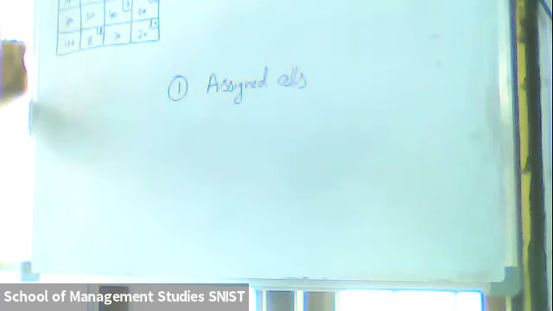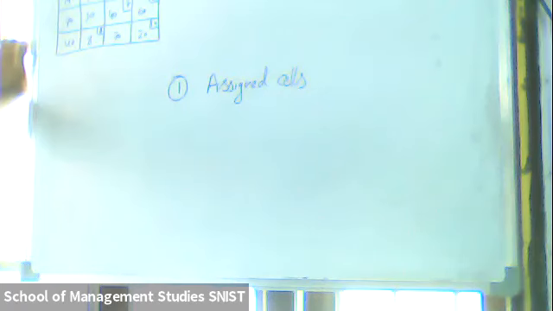X11. Okay. X14. X23. X24. X32. X34. Good. So first in the Modi method, we are calculating assigned cells, so you need to find out the assigned cells values.